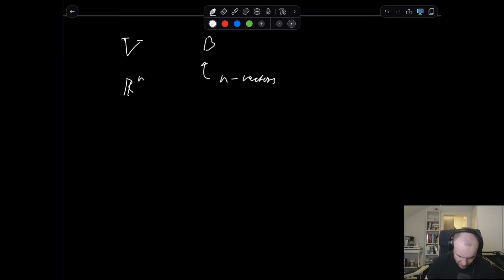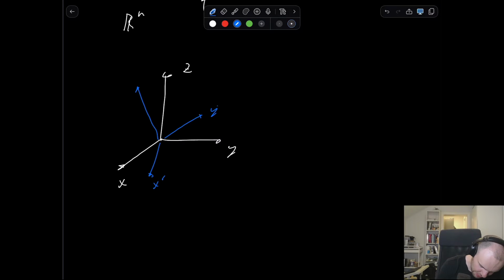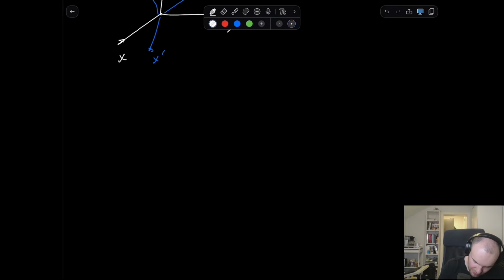And we often have this in physics. So let's say I have this guy right here. This is our normal x, y, z. I can of course do this. There's no reason why, if all of these are perpendicular, so x prime, y prime, or z prime, you could also have a transformation. You're still in, let's say you're in R3, or let's say R2 then.